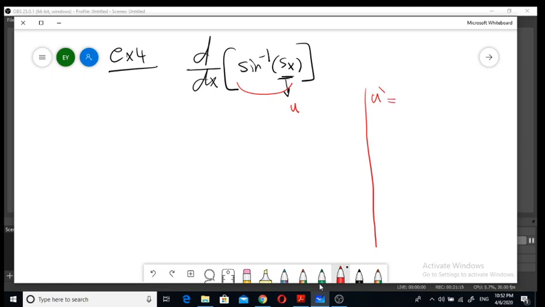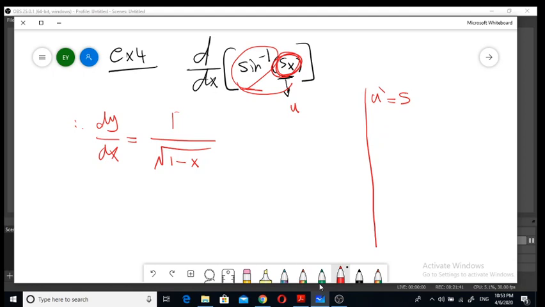U prime is equal to 5. Then dy by dx is equal to the first derivative of sine inverse, which is 1 over square root of 1 minus x squared. And don't forget, we have 5x, not x, so it will be 5x all squared, times u prime.